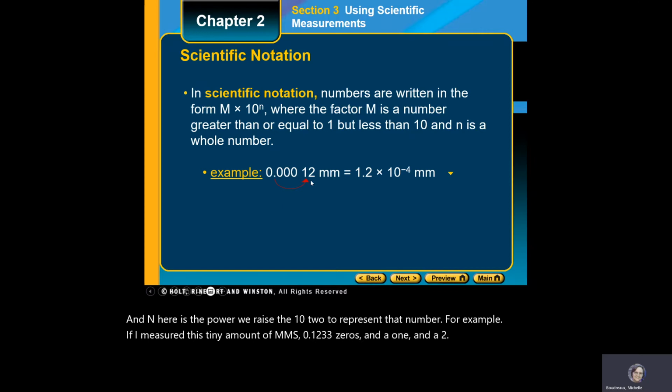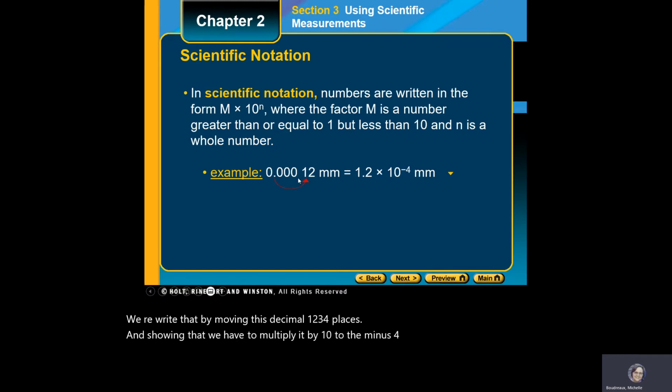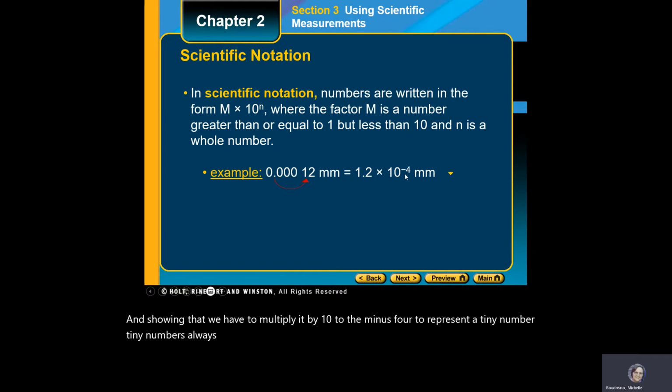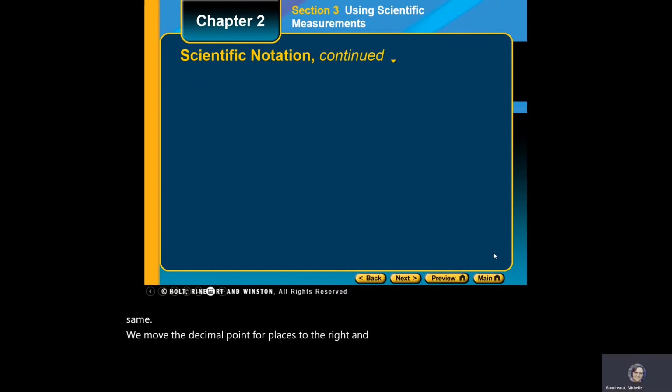We rewrite that by moving this decimal 1, 2, 3, 4 places and showing that we have to multiply it by 10 to the minus 4 to represent a tiny number. Tiny numbers always have a negative exponent. The units, millimeters, stay the same. We move the decimal point 4 places to the right and multiply it by 10 to the negative 4.